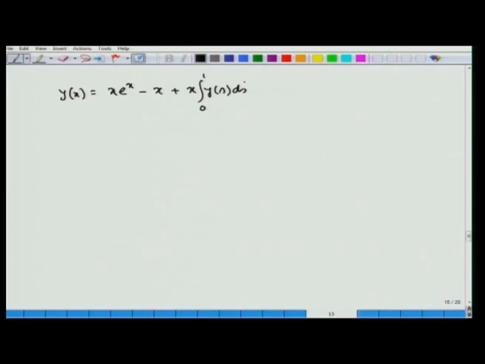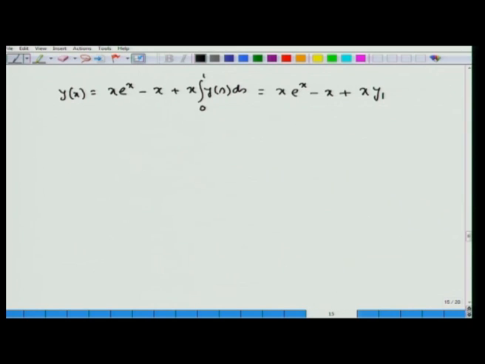So, with our notation, this is equal to x e^x minus x plus x y_1. That means this x y_1 is actually the contribution from the expression lambda sigma r running from 1 to n of y_r p_r(x).